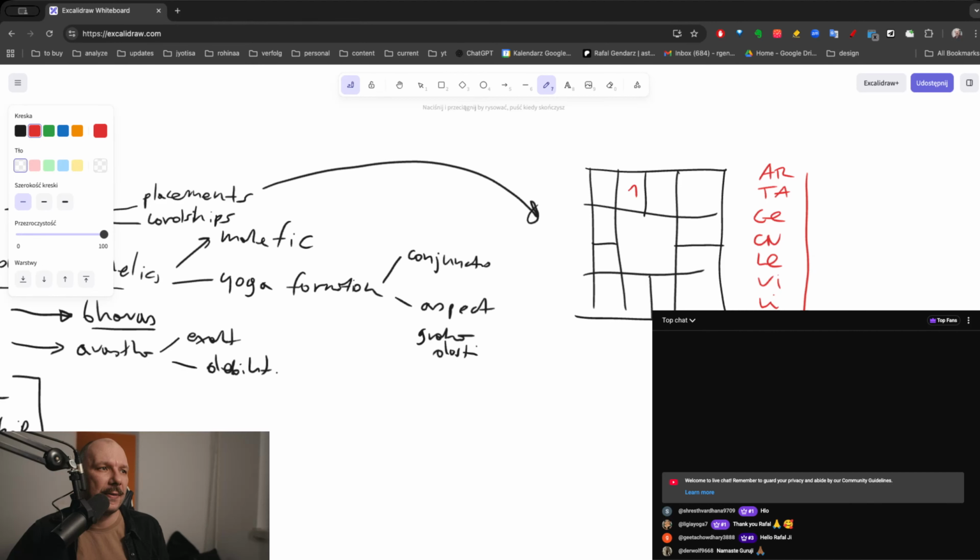This order is always the same. It doesn't change when we are talking about charts. In the south chart, we go in the clockwise direction, with Aries always here. So here is Aries, Taurus, Gemini, Cancer, Leo, Virgo, Libra, Scorpio, Sagittarius, Capricorn, Aquarius, and Pisces. This is how the signs are distributed in the chart.